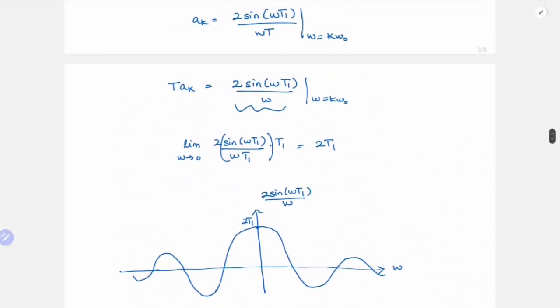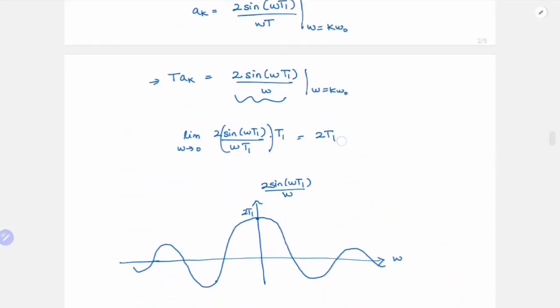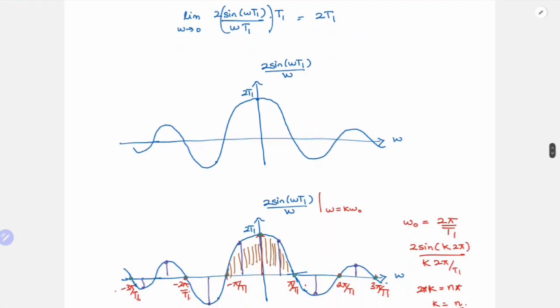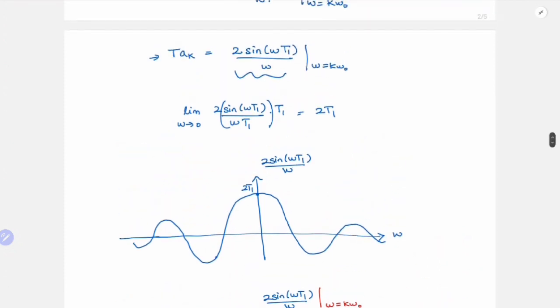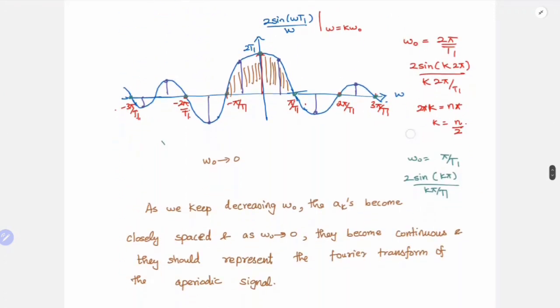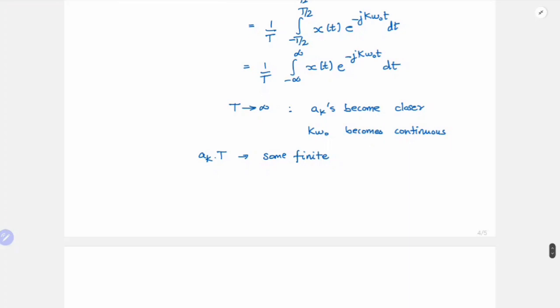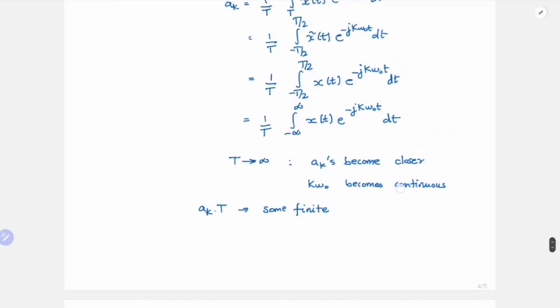What did we plot here? It was actually T into ak. So we plotted T into ak and then we got this graph, right? Even though we tended T to infinity here, this graph was not changing. Only the sampling points were getting closer and closer, but the shape of the graph was not changing. So it means T ak will not change even if we tend T to infinity. That's what I mean by it taking some finite value. Like it is defined. Okay.